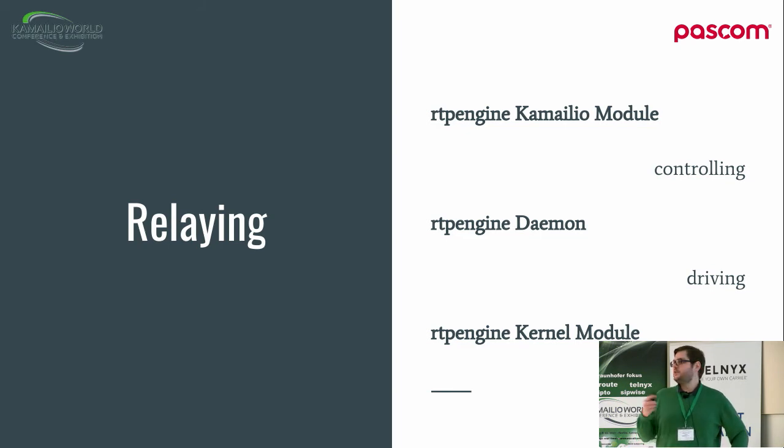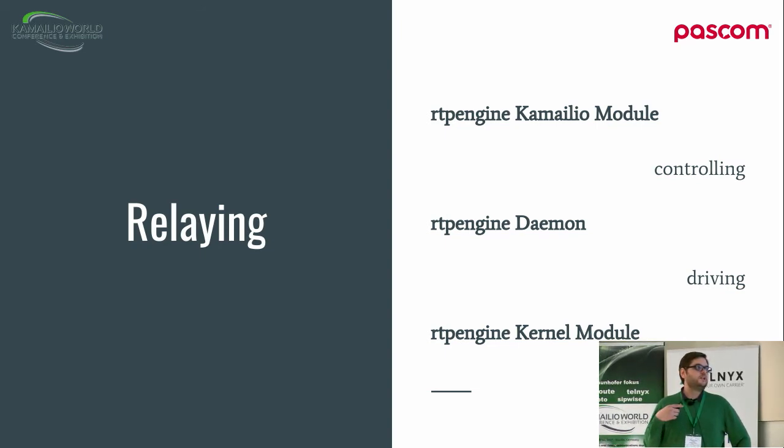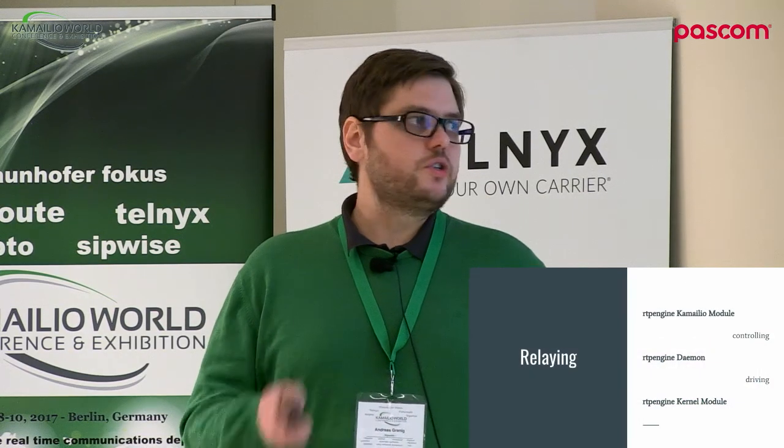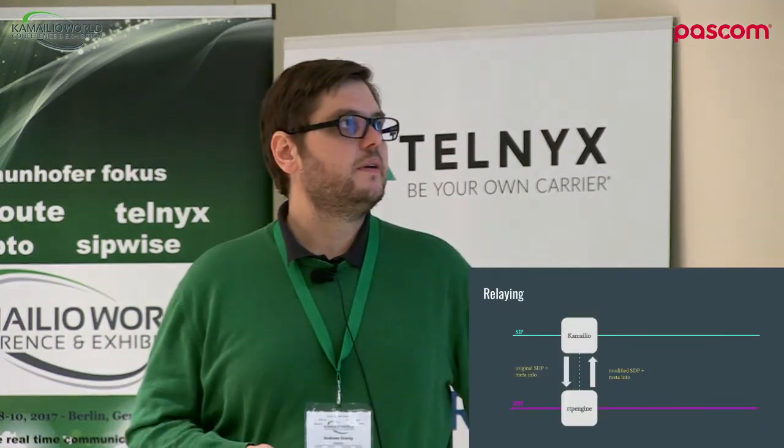And RTPEngine is trying to collect data in user space, and once it's satisfied with what it got and is certain that your call is stable, it pushes rules into the RTPEngine kernel module and then continues in the kernel from there, which drives your performance a lot, right? You have very low latency, very low delay end-to-end, and you can do a lot of concurrent calls on a single machine. And it's also doing the crypto stuff in the kernel directly, so there's no need to do any user space processing.